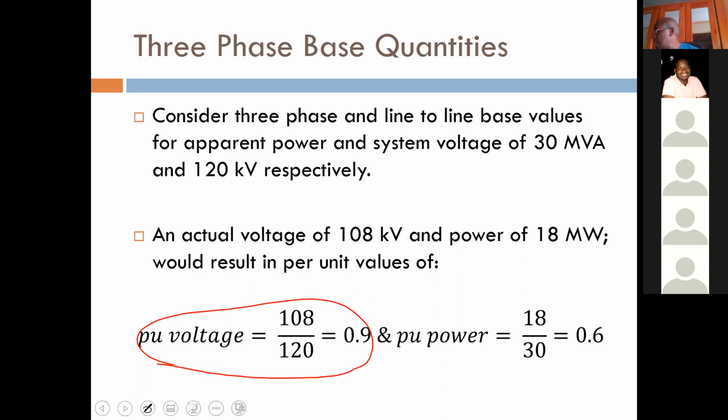Now, right away, I know that some questions will be asked about this, where we have 18 megawatts, but yet I'm using the base of 30 MVA and I'm making this unitless. I know that's a legitimate question, and we'll talk about it in a few minutes. So in terms of per unit, it's just actual divided by the base that you would have selected. Okay?